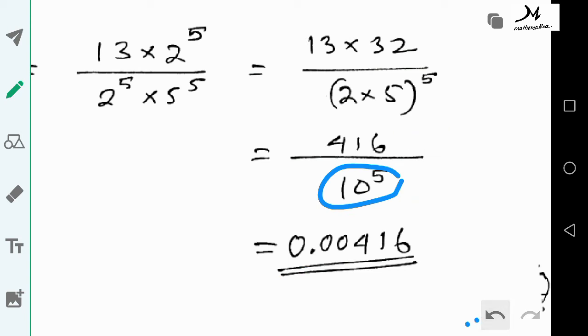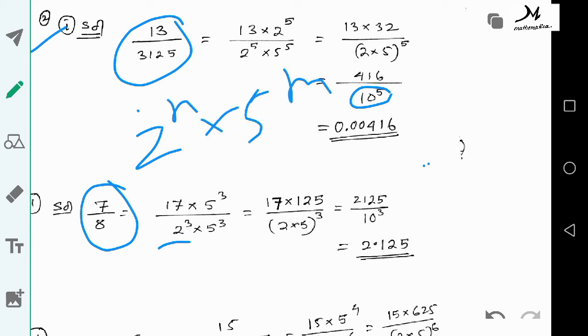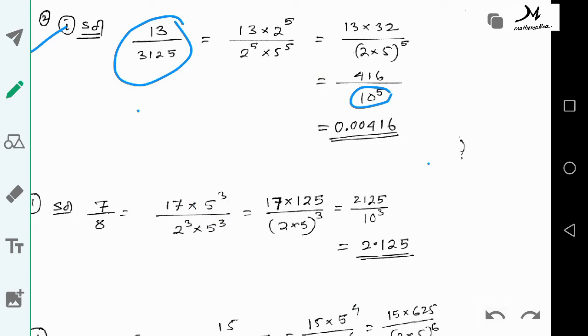Now similarly here you see it is 7 by 8. 8 can be written as 2 cube. So in order to get the form 2 to the power n into 5 to the power m, I have multiplied 5 to the power 3 with both the numerator and denominator. First make sure that their powers on 2 and 5 are the same.